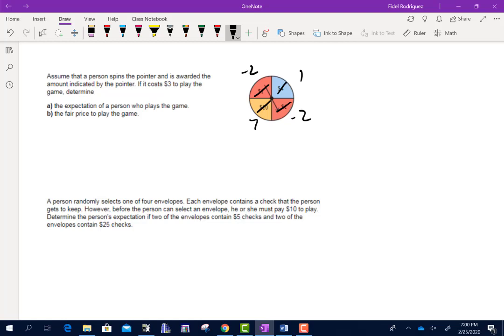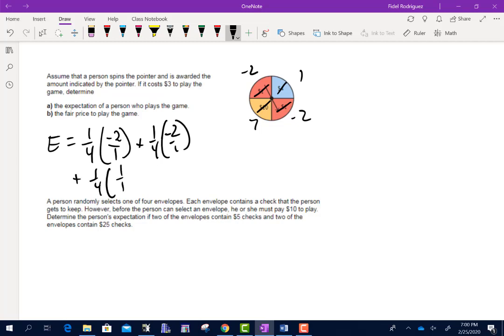So let's find our expected value. The probability for landing on each of them is 1/4. So 1/4 times -2/1 plus 1/4 times another -2/1 plus 1/4 times 1/1 and 1/4 times 7/1. Again, I know my denominator is going to be 4.